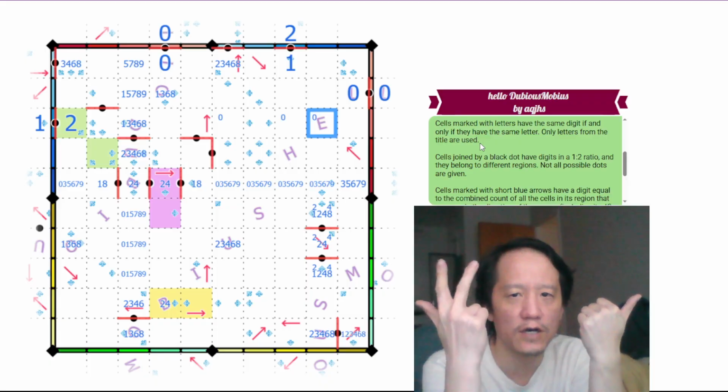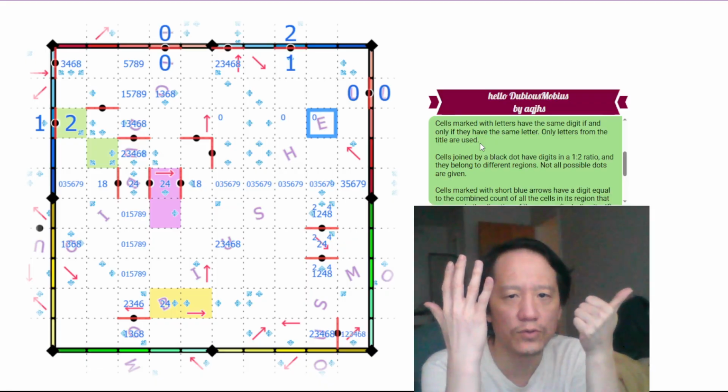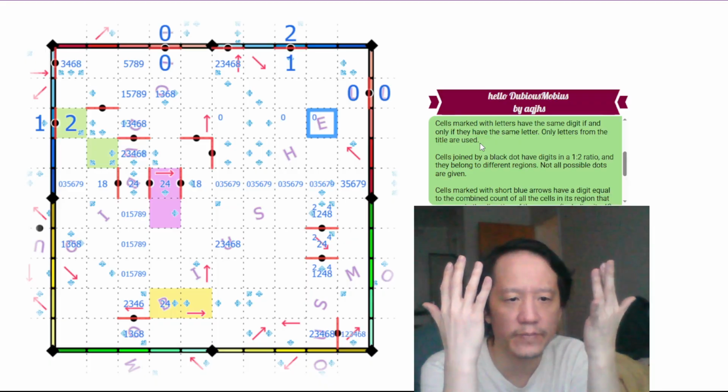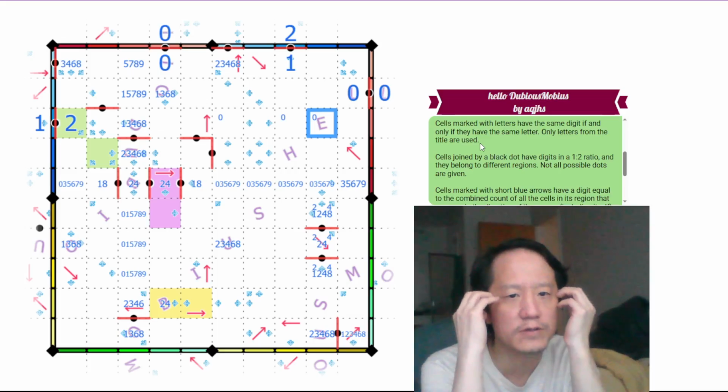So HELODUBI. That's 8. S and M. So that's 10 unique ones.